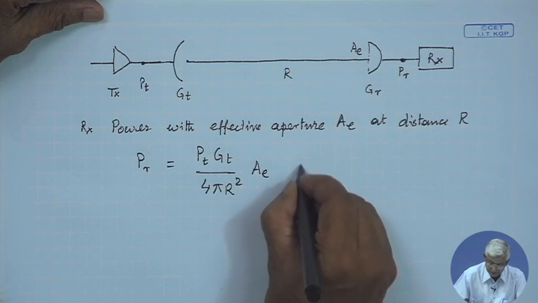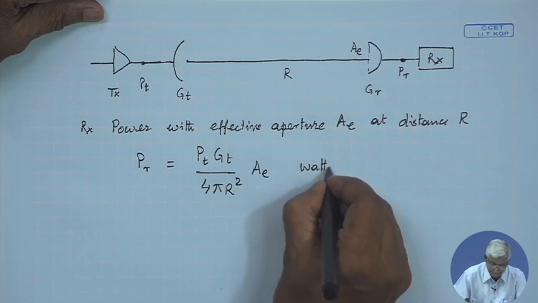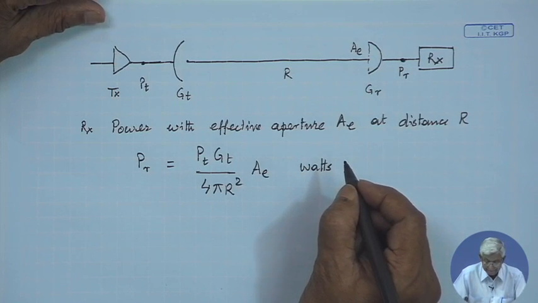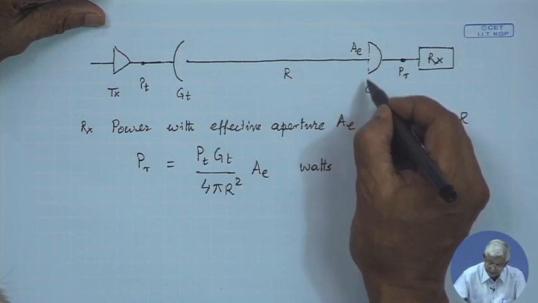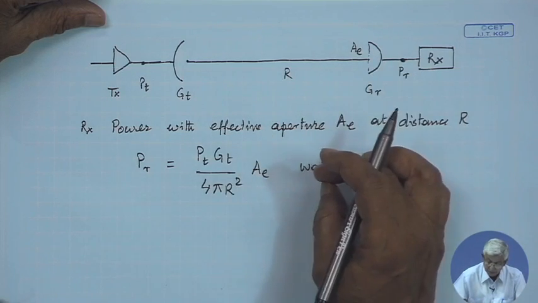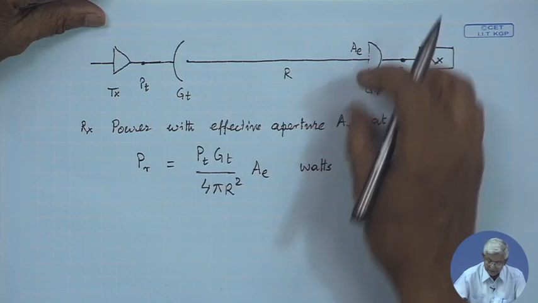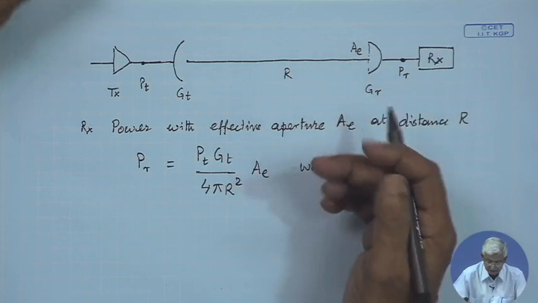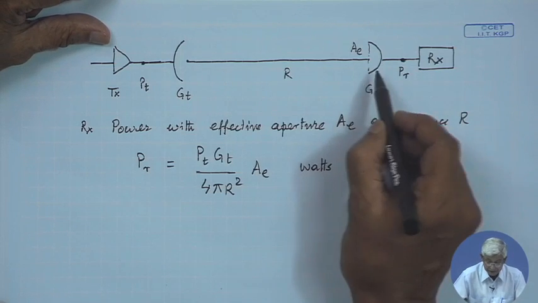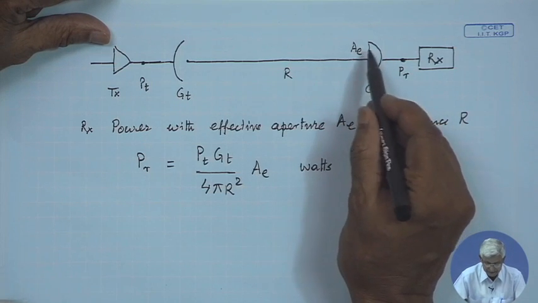So, this will be in watts. Now, that is the amount. Now, if I go on increasing the effective aperture, I will capture more power. If the antenna aperture is smaller, I will capture less power. So, therefore, antenna aperture is very important issue.